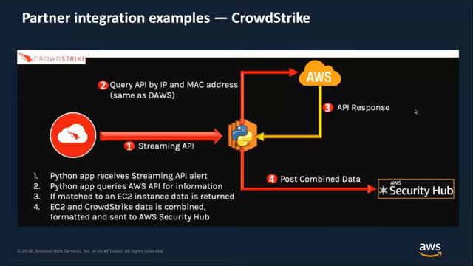That Python app collects alerts or findings from the EC2 instances where the CrowdStrike agent from their Falcon platform is deployed. It then does an enrichment call to the AWS API, further enriching those findings with additional resource information, and then sends those enriched findings to Security Hub. Using that CloudFormation template, it usually takes a customer 10 to 15 minutes to get up and running with this integration.